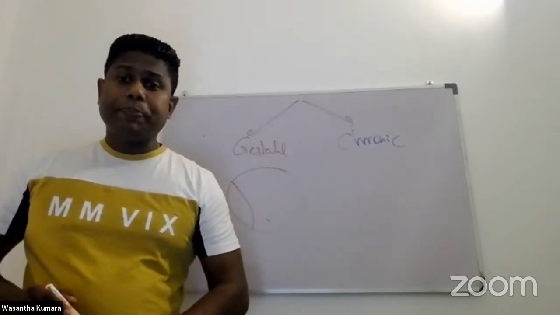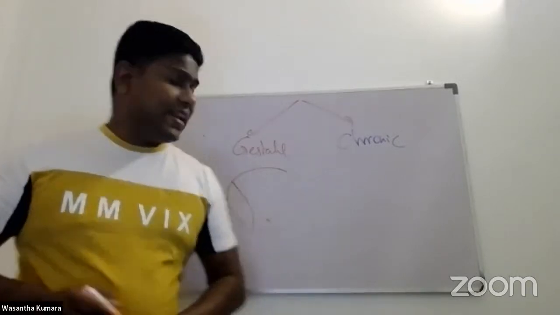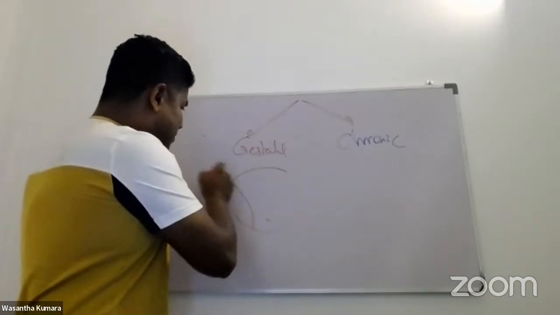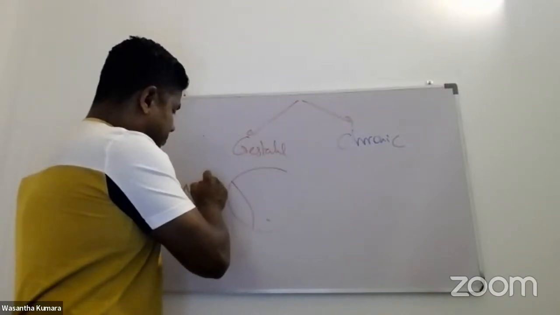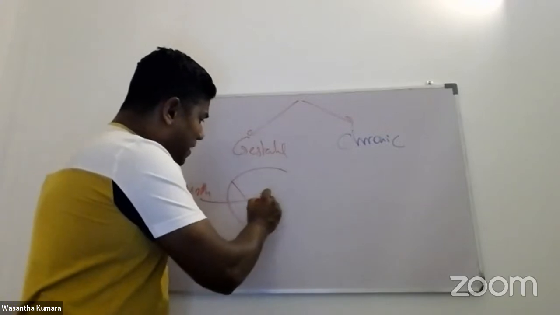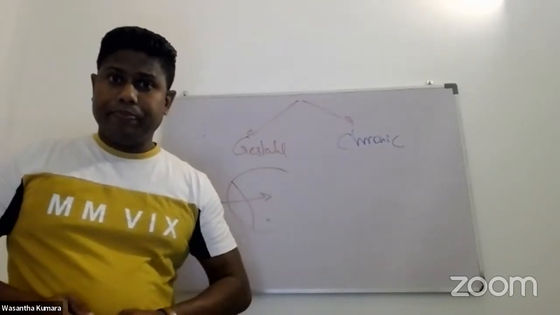What is the reason? This is the mother, right? So you have the mother here. The mother, through the placenta, has to give all the glucose to the baby.